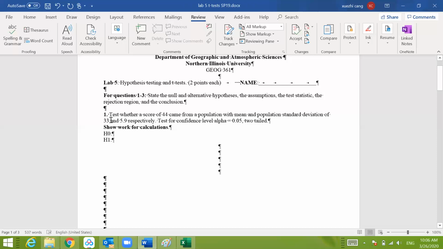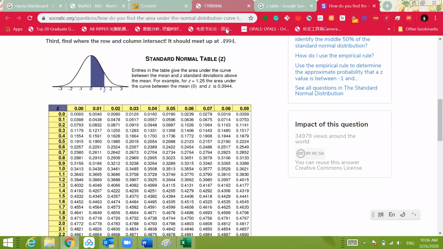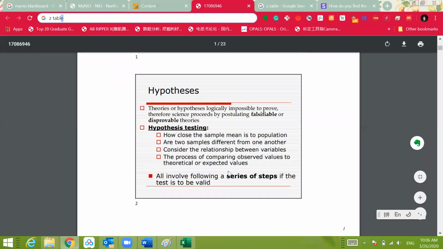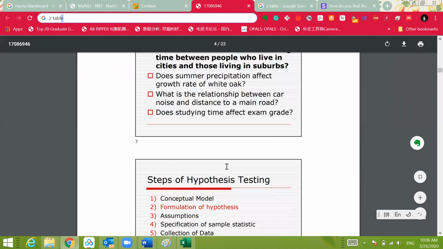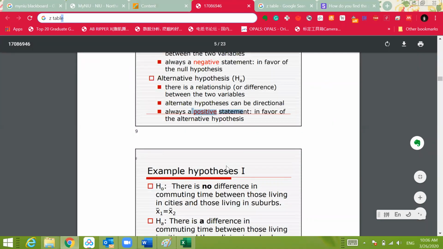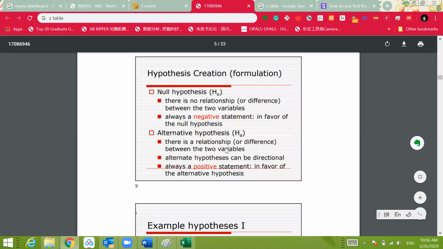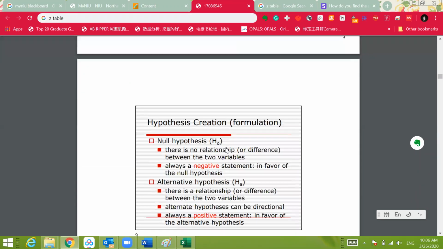Normally I use H0 to represent the null hypothesis and H1 to represent the alternative hypothesis. So here we need to write our null hypothesis. If you read the lecture from Professor Chen, there are some guides to figure out which one is the null hypothesis.